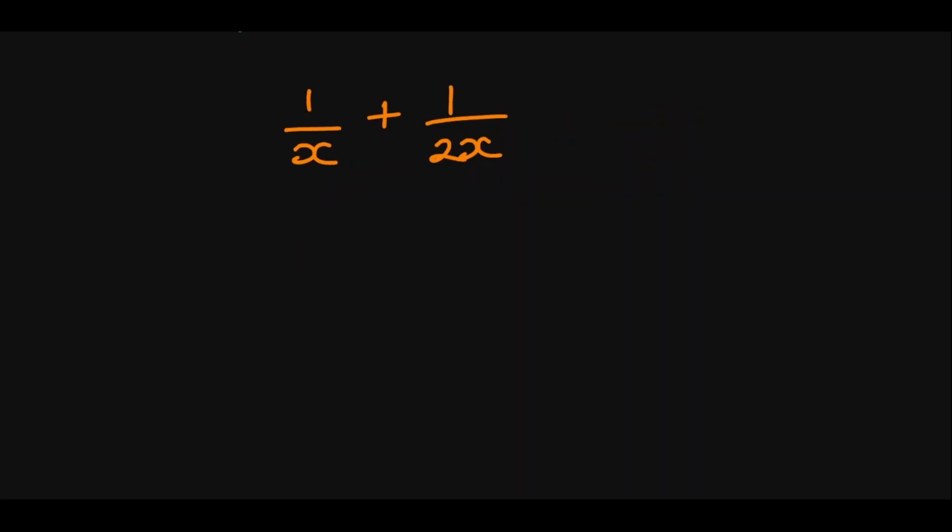Now look at this example to understand what I'm saying, that the focus is not on whether they are like terms or not. Now ordinarily, if these were not fractions, if this was x and 2x that are adding, we can just say the answer is 3x because x and 2x are like terms. But this particular term is not x and 2x. This is 1 over x and 1 over 2x, which are completely different terms from x and 2x.